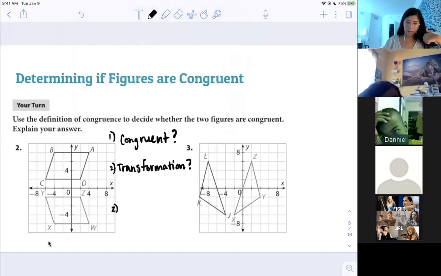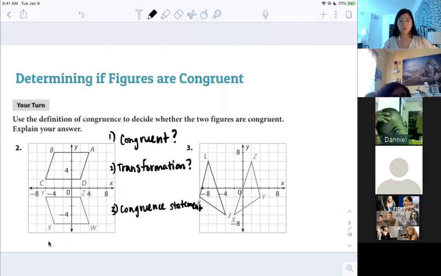And finally, give me a congruence statement if they are congruent. You have number 2 and number 3. I'm going to give you 3 minutes to do those 3 things for each one. 3 minutes, start now.